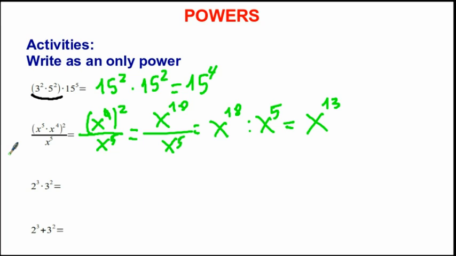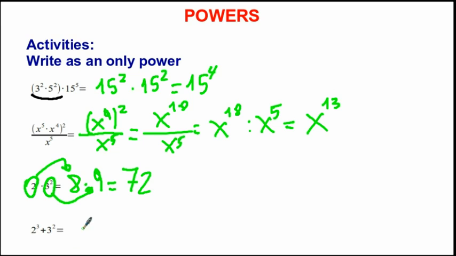So first we have to do the powers. 2 to the power 3 is 2 multiplied by 2 multiplied by 2, 3 times, and it's equal to 8. And 3 to the power 2 is 3 multiplied by 3, that's equal to 9. And now you have to multiply these two natural numbers, and 8 multiplied by 9 is 72. So that's the result.